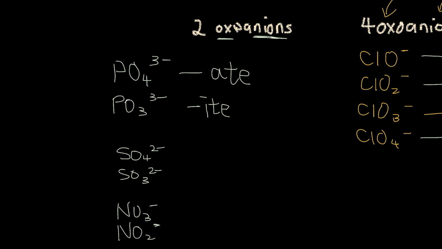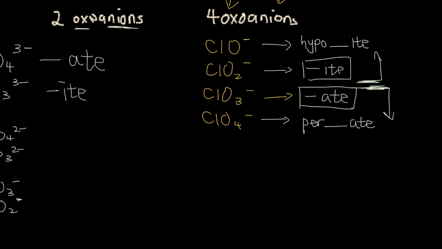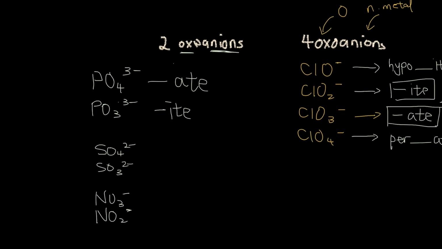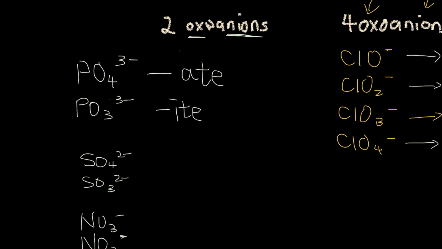If your polyatomic ion belongs in the family of 2 oxoanions, you won't be following the other pattern anymore. It's not like you have 4 oxygens here and then you add per in front of it. No. But if it's a family of 2 oxoanions, you follow this pattern, where the smaller form, having fewer oxygens, gets the ite ending, and the one with more oxygens gets the ate ending.